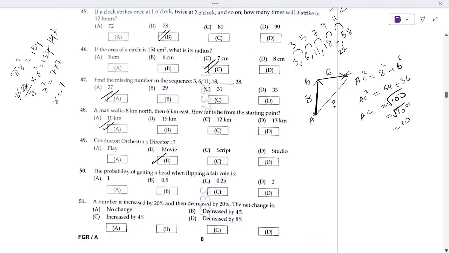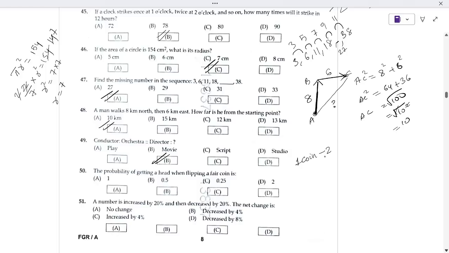Next one, probability of getting a head when flipping a fair coin is. This is from the probability topic. A fair coin, one coin, has two faces.